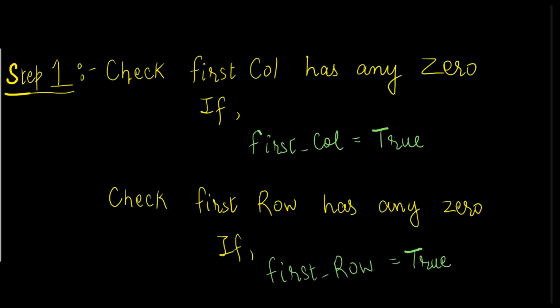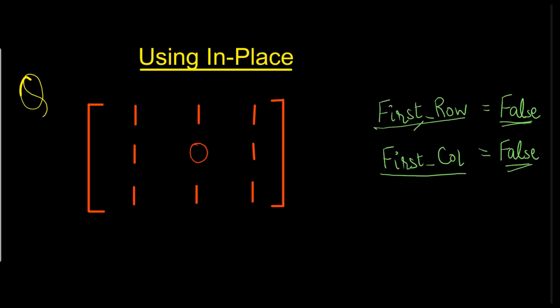Now step 1 says to check the first column and first row elements. If there is any 0, change the flag to true. Any problem? I guess no, because earlier I took both of them as false.